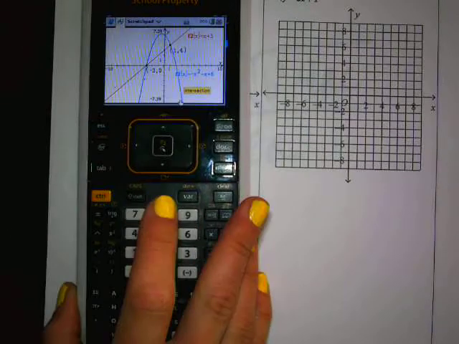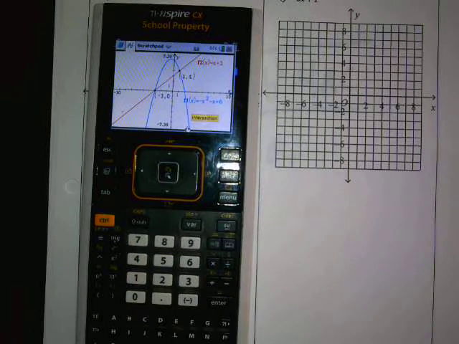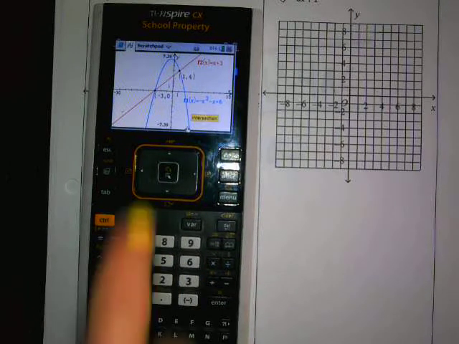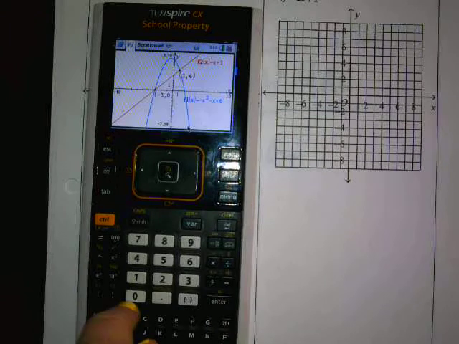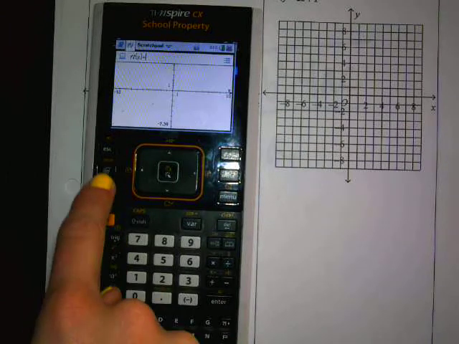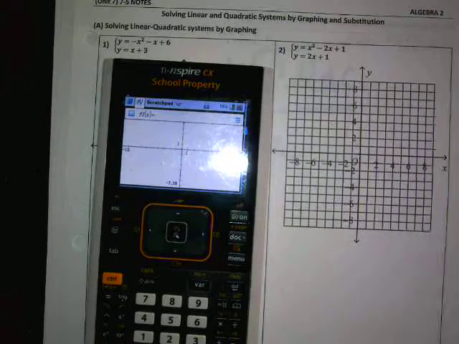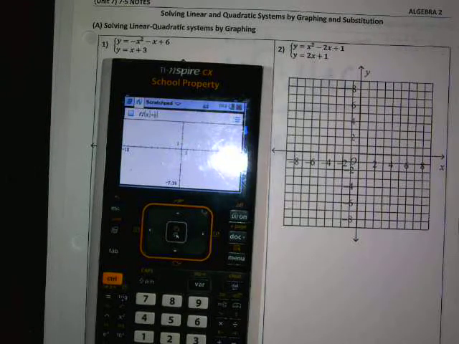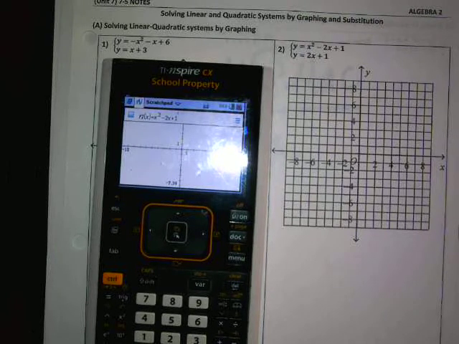All right, for number 2, if you want to ignore me and try to do it yourself, that's fine. To clear your calculator, doc B will clear it. You can go back to the calculator. I'm going to type in the quadratic, x squared minus 2x plus 1. Hit enter.